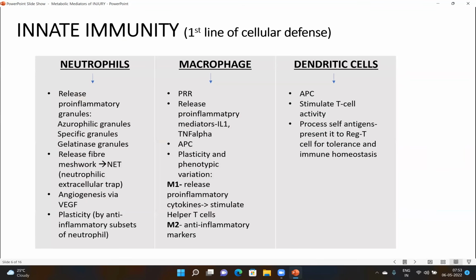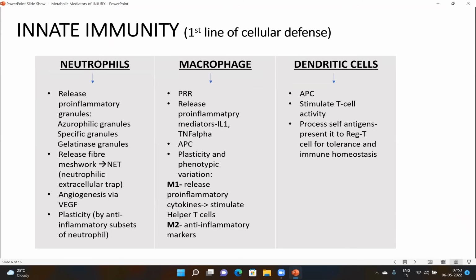Now, the immune system starts with innate immunity, and this is the first line of cellular defense. Neutrophils are the first cells to arrive at an injury site. The neutrophils release pro-inflammatory granules: azurophilic granules, those are the primary granules, specific or secondary granules, and tertiary gelatinase granules.